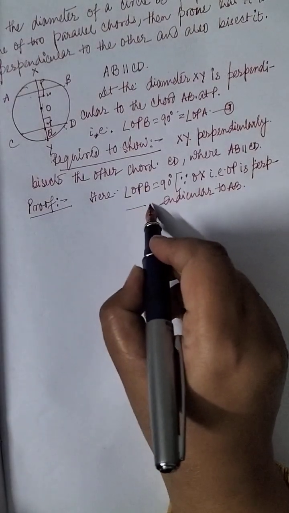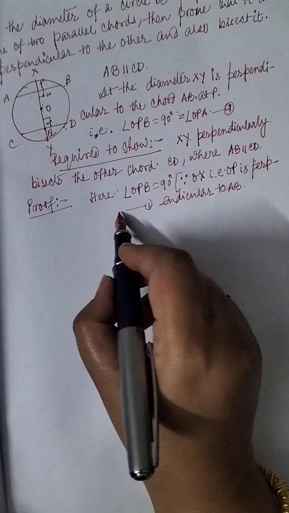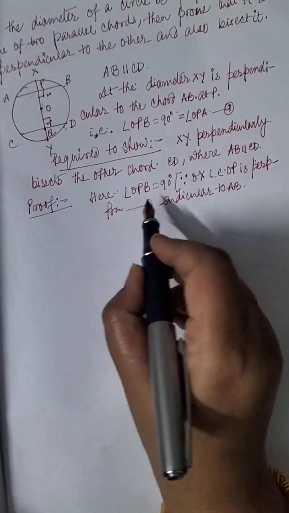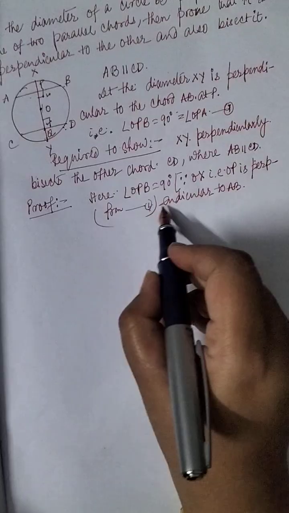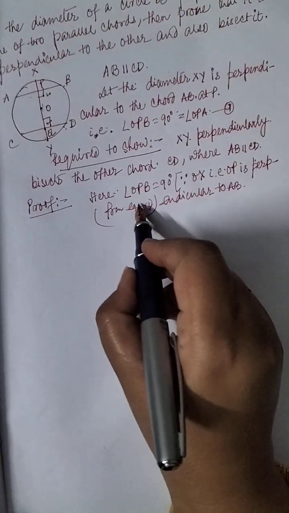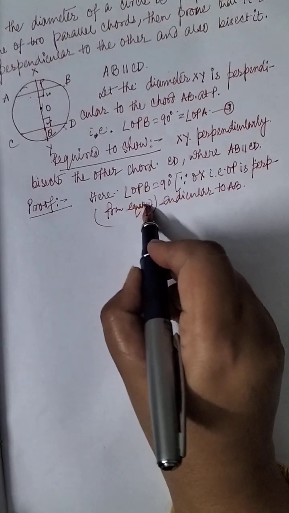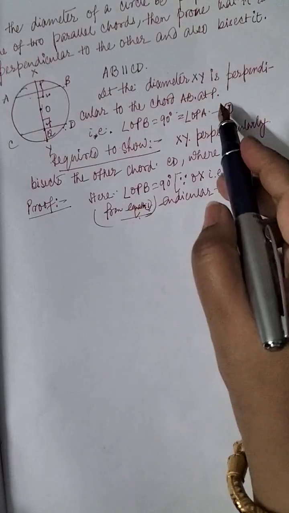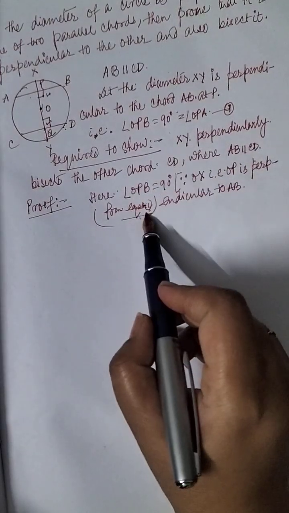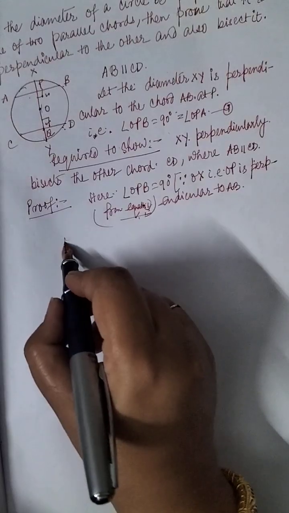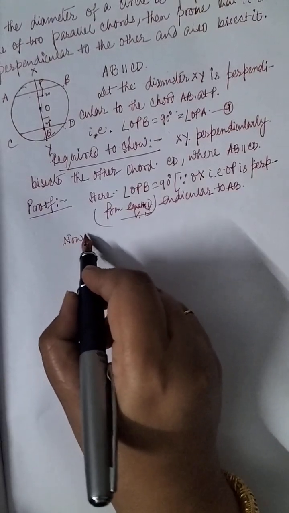Okay? From equation 1. Right? Here we have already declared it. OPB equals 90 degree.